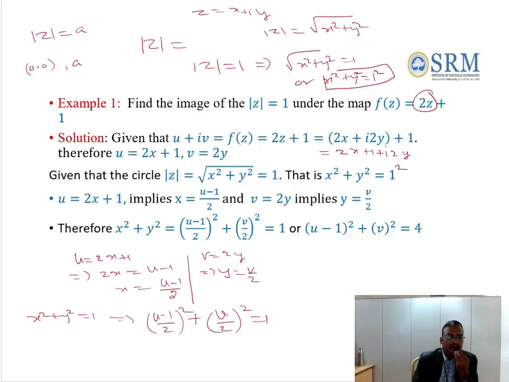There is a common denominator, so you just multiply this equation by 4. Therefore (u minus 1) the whole square plus v square equal to 4. So modulus of z equal to 1 is a circle.